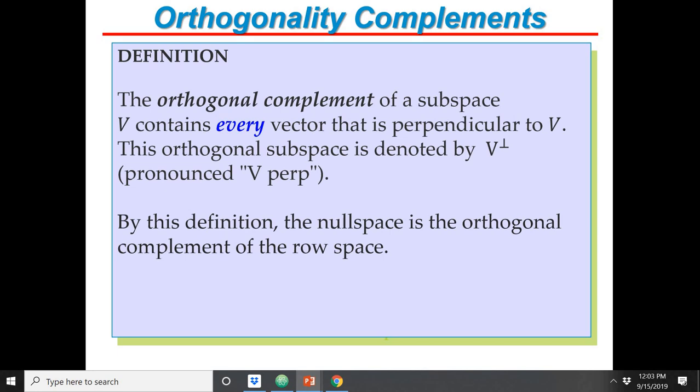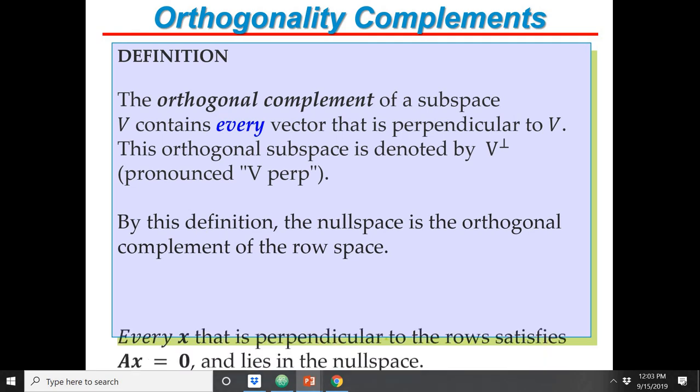And the question is, do we have to prove this again? Let's try to highlight sort of a proof. We need to prove that any vector that is perpendicular to the null space has to be in the row space, and every element that is perpendicular to the row space has to be in the null space.